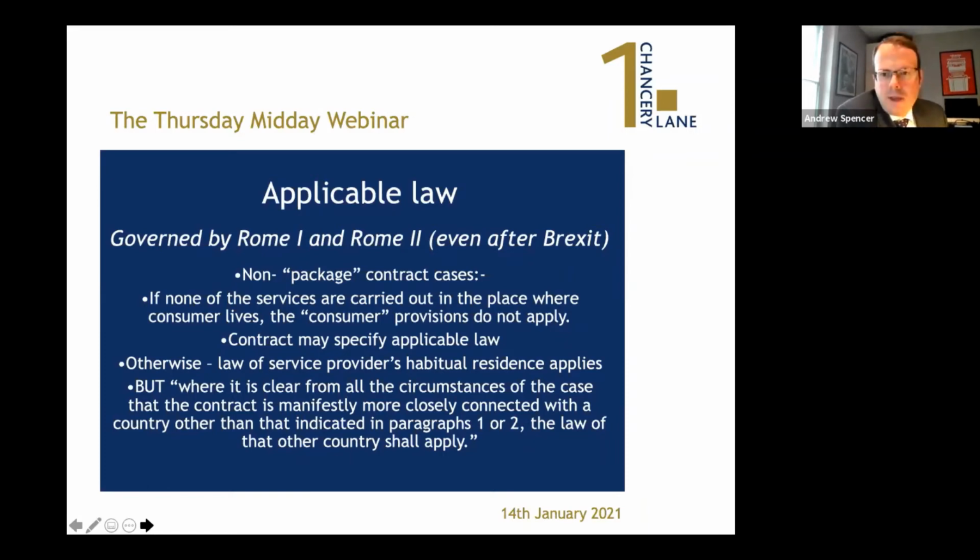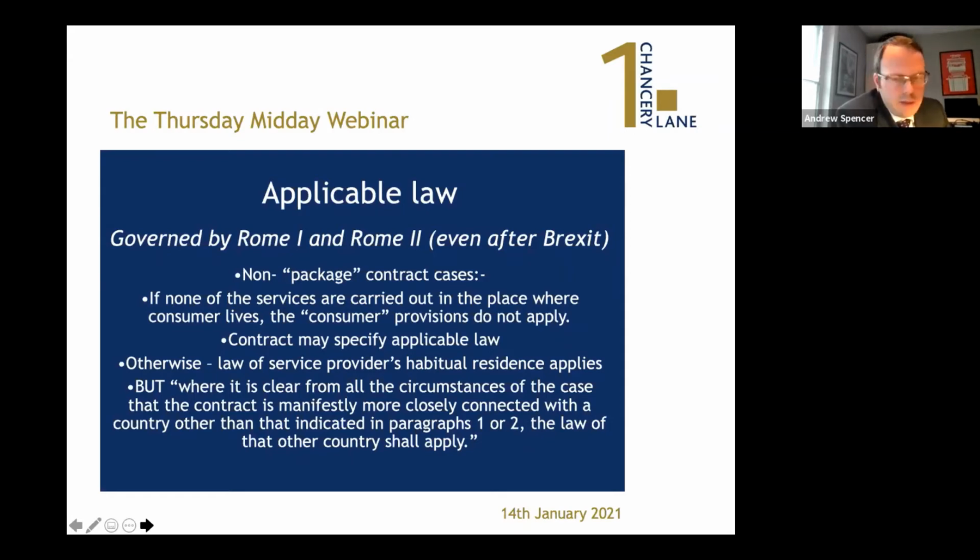Now, that's slightly complicated, and probably more complicated than is required in this situation. So unpacking it a bit, it's talking about the damage and not the indirect consequences. So to go back to something that Don was talking about before with the tort gateway, for these purposes, we're not giving a wide definition of damage.